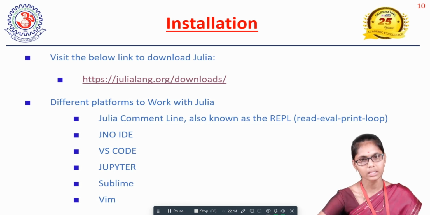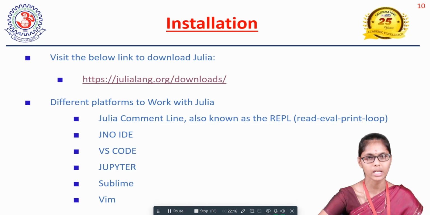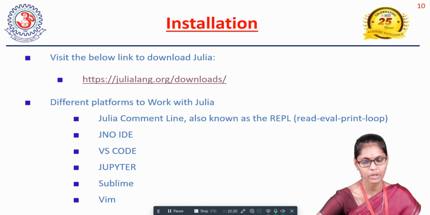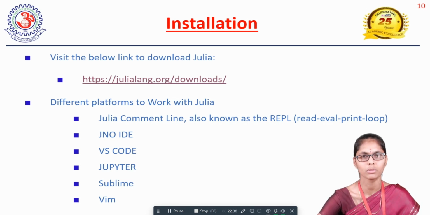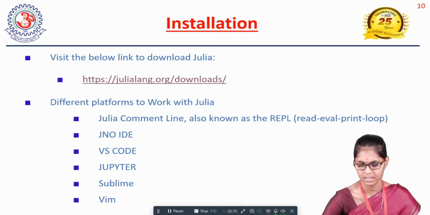There are other platforms to work with Julia: Juno IDE, VS Code, Jupyter. If you are using a Mac, you can use Sublime or Vim. These platforms completely support Julia programming. All you have to do is give the program the .jl file extension. That's it.